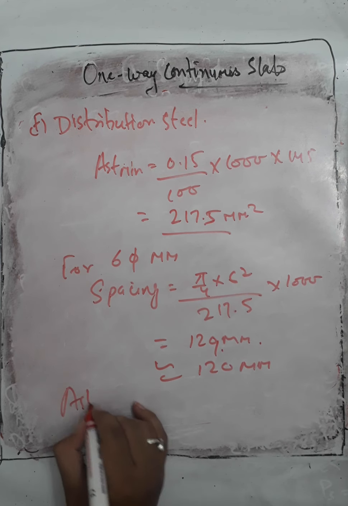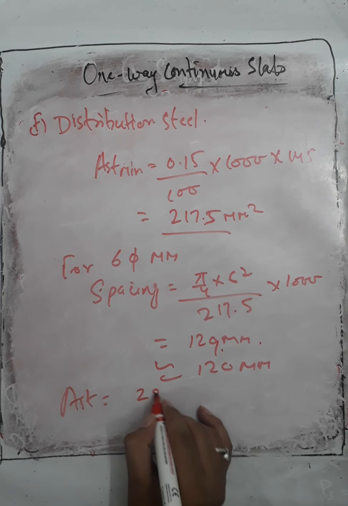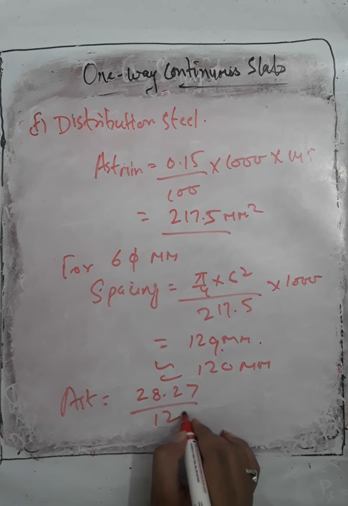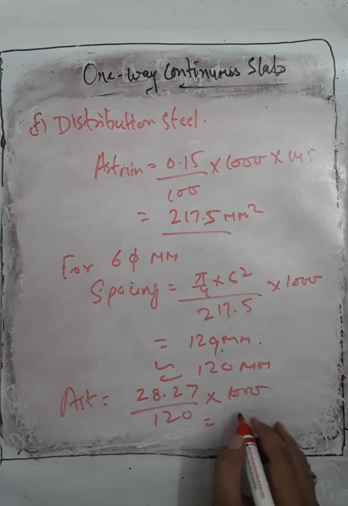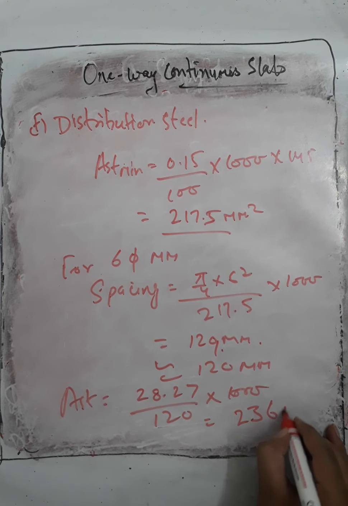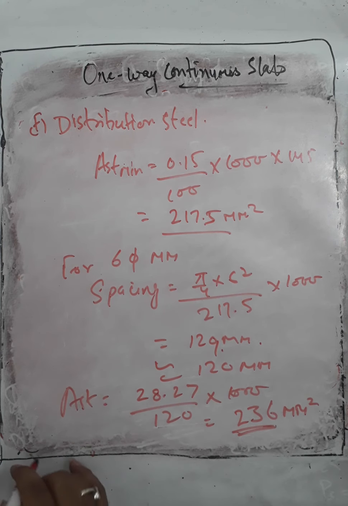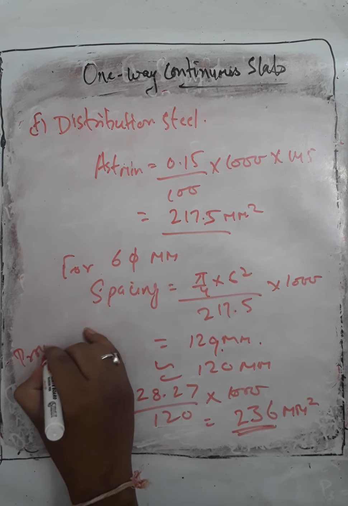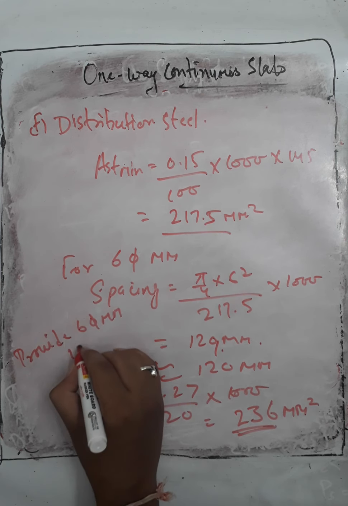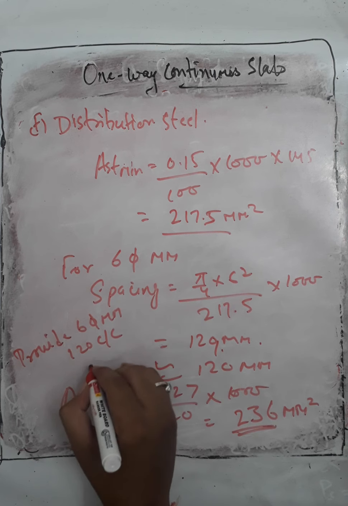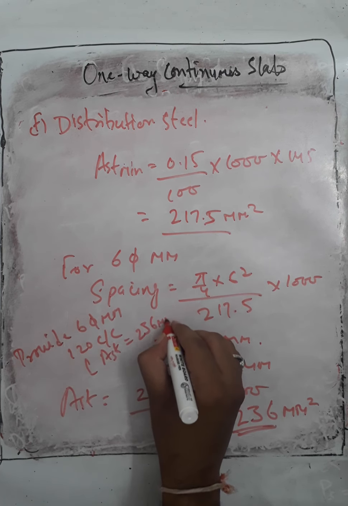Now you have to find AST again. So AST is equal to 28.27 divided by 120 into 1000. So here you get AST is equal to 236 mm square. So here you write: provide 6 mm dia at 120 center to center, in bracket AST is equal to 236 mm square.